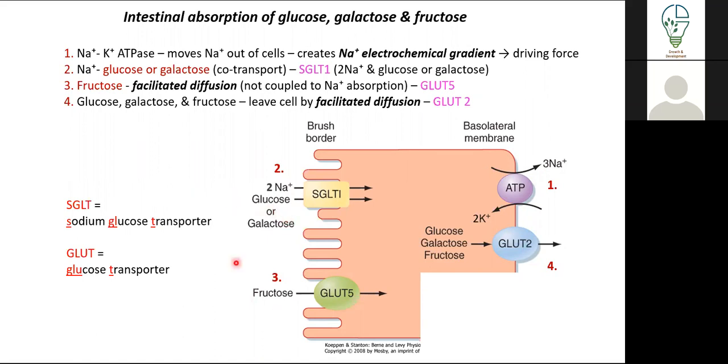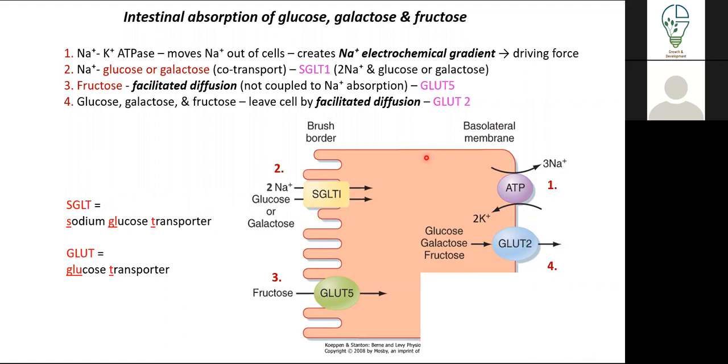So this way, glucose, galactose, and fructose are inside the cell, and they exit the cell by the basolateral membrane, GLUT2. All right? I think this is very simple. The intestinal absorption of glucose and galactose and fructose. Is there any question about this? Okay.